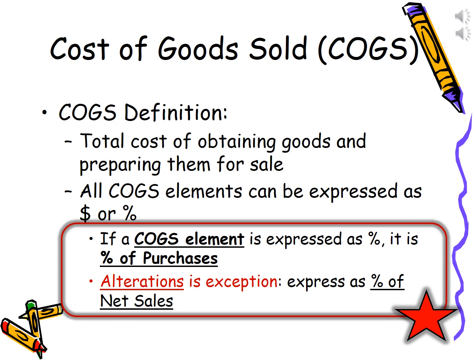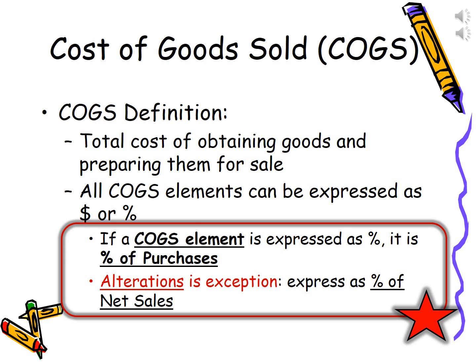When the cost of goods sold elements are given in percentage numbers, we have to be very careful in understanding, okay, this is percentage of what? Percent of what? The rule of thumb here is if a cost of goods sold element is expressed as a percentage, then it is all percentage of purchases, with one exception. The exception is the alteration cost.